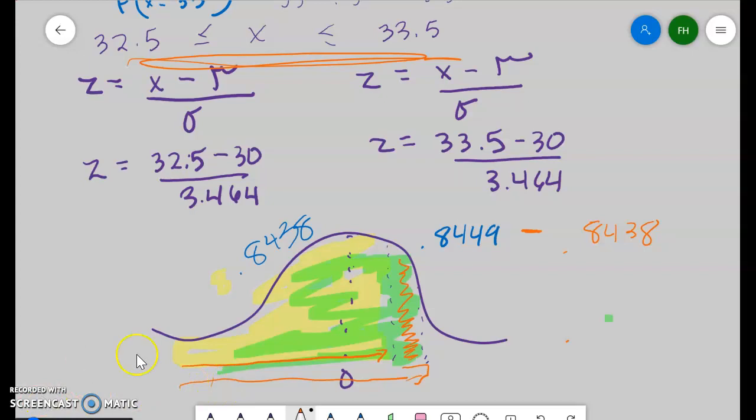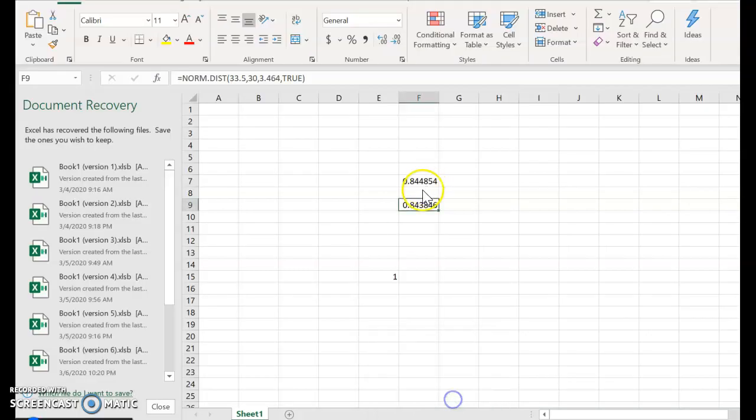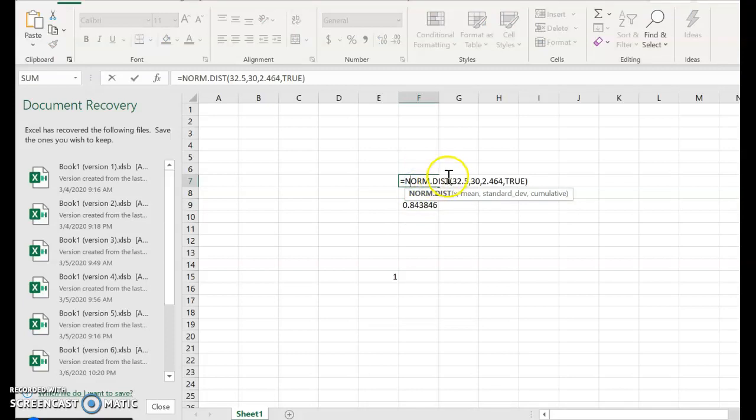let me pause it. Well, let me look back because it's good for y'all to see me make mistakes here. One of my numbers is off. So let's go back and see what I did here. 32.5. Okay. Oh, I see. I put it in wrong right there. My standard deviation should have been 3.